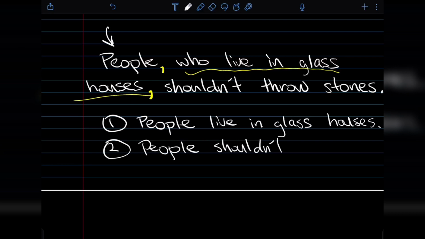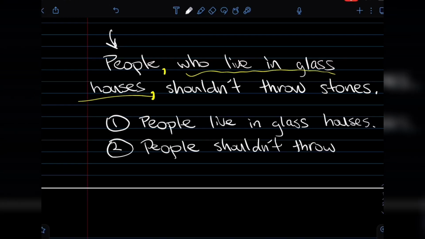So it seems to be saying everybody lives in a glass house, everybody shouldn't throw stones. If you're not sure what the meaning of this expression is, by the way, I would encourage you to Google it. That's not what this is saying at all. It's not saying that people live in glass houses, everyone, and also they therefore shouldn't throw stones. It's saying a particular kind of person shouldn't do a particular kind of thing.